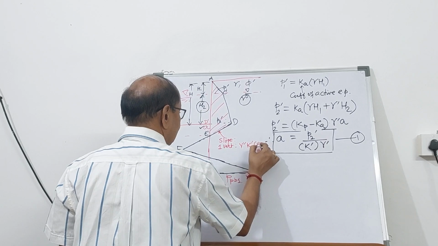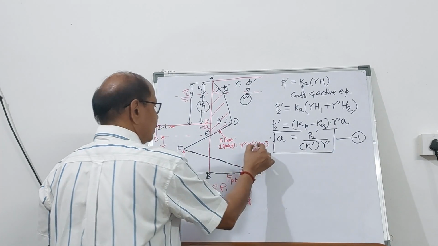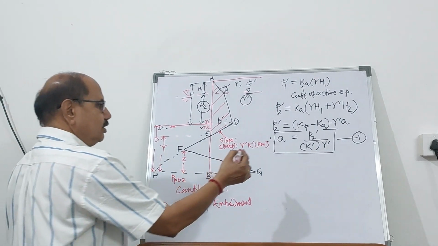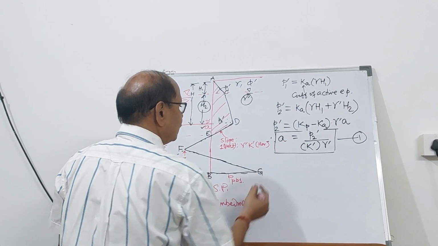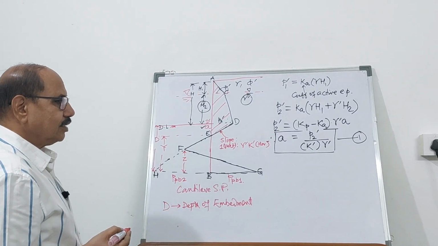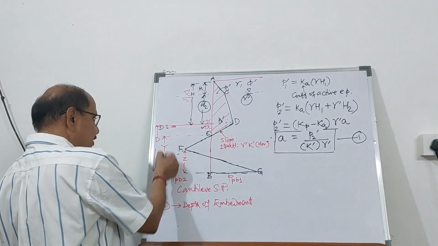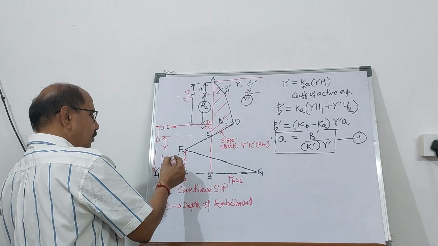So this is the slope. Therefore, if this distance is y, this is being extended up to the base.